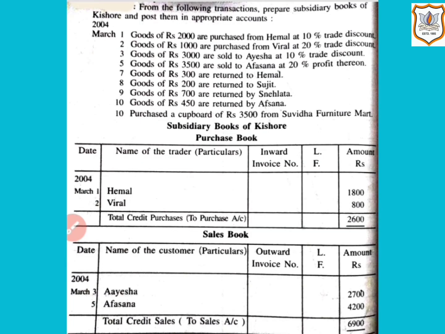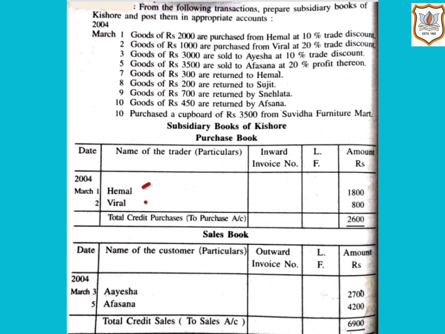Now first, let us see posting of the purchases book. Here the book shows the names of the parties from whom goods have been purchased on credit. These parties are now, in accounting terminology, creditors of the firm. That means here Hemal and Viral are the creditors of the firm, and their accounts have to be credited for the respective amounts shown in the purchases book here.